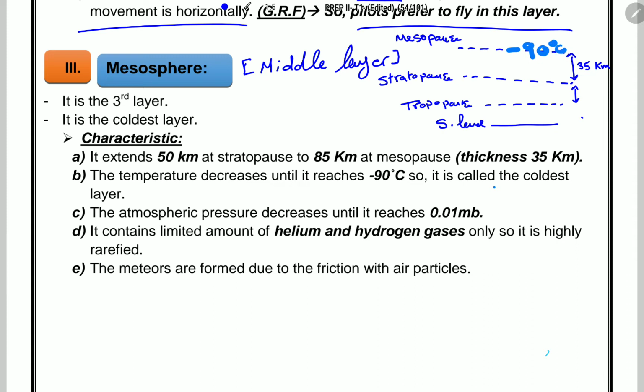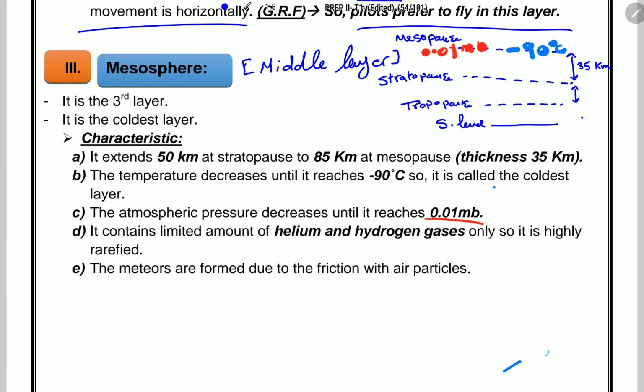What about the atmospheric pressure? It keeps decreasing until it becomes 0.01 millibar.